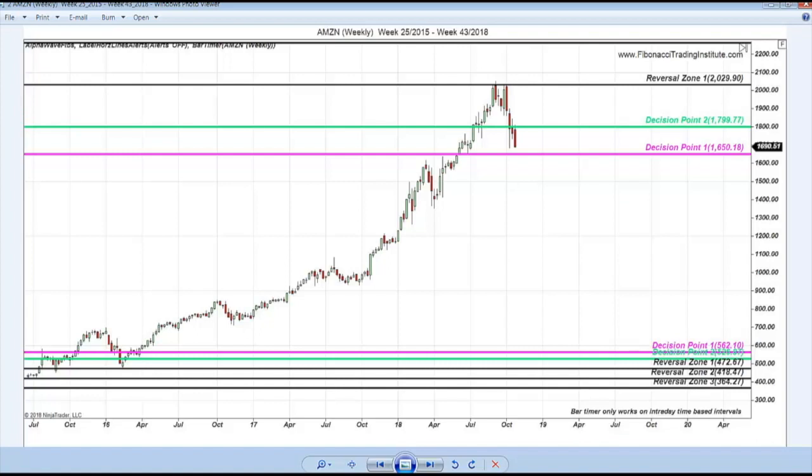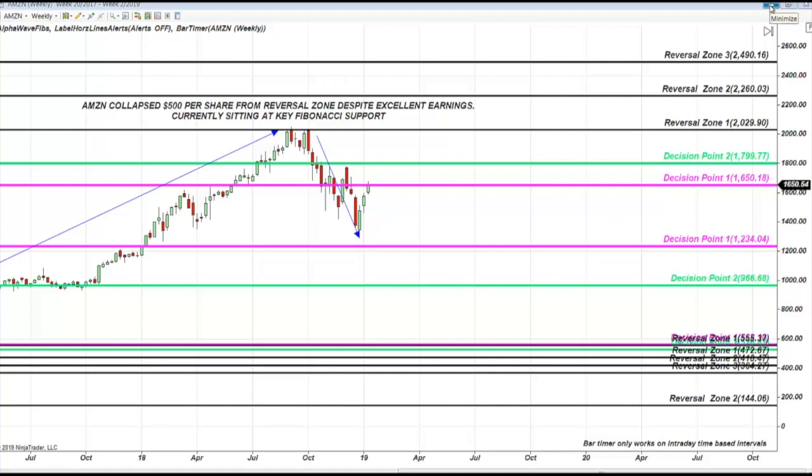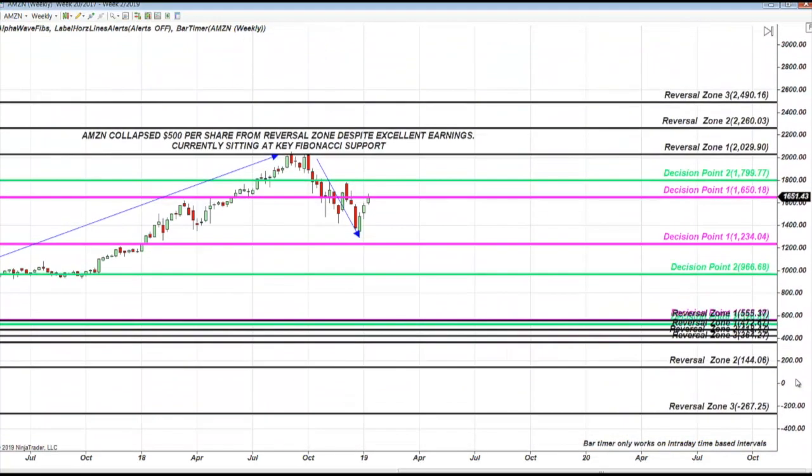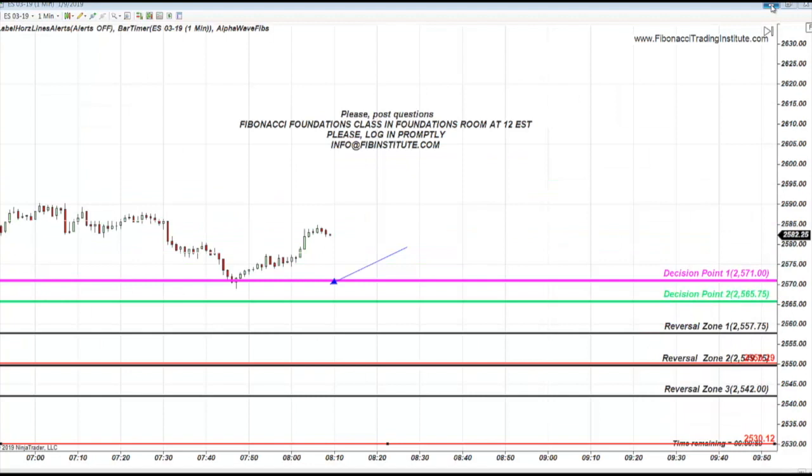Fibonacci reversal zone means everything. And this is Amazon now, bouncing from key Fibonacci support. What Amazon will do next is key, just like S&P, just like oil, just like any instrument you trade.